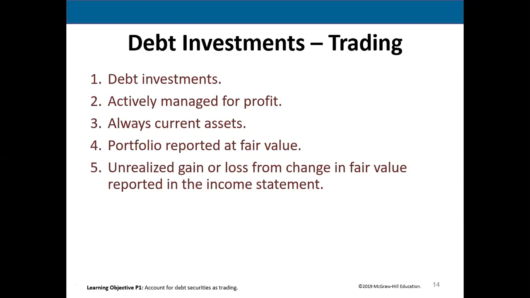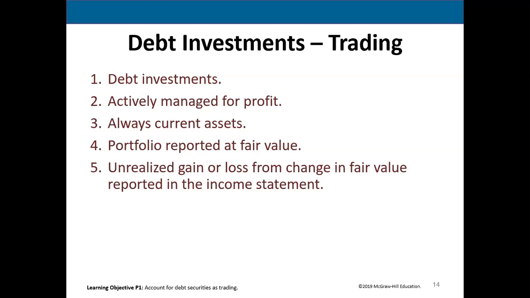Here's the other major difference between held to maturity and trading. We always report any bonds in this category at their fair market value at the end of the year. So when we report the bond on our balance sheet, we don't report it at what we paid for it like we did under the held to maturity category.